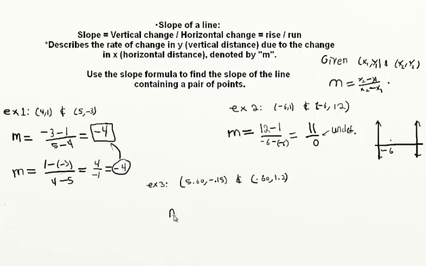For our third and final example, the slope is equal to the vertical change, which is 1.2 minus -0.15, over 0.60 minus 5.60. 1.2 minus -0.15 is the same thing as 1.2 plus 0.15, and that's 20 100ths plus 15 100ths, which is 35 100ths, and the additional 1 here, so 135 100ths.